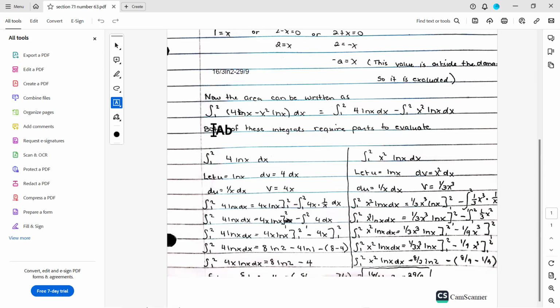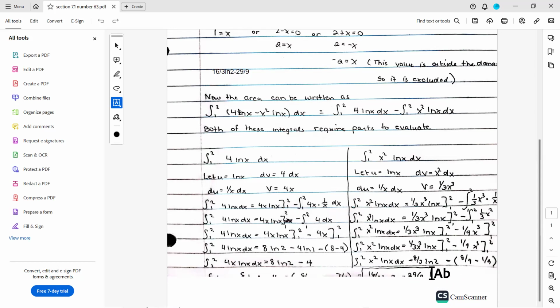And again, it comes from 8 ln 2 minus 8/3 ln 2, right? That's 16/3. Then you have negative 4 minus, this is already negative 4 minus 7/9.